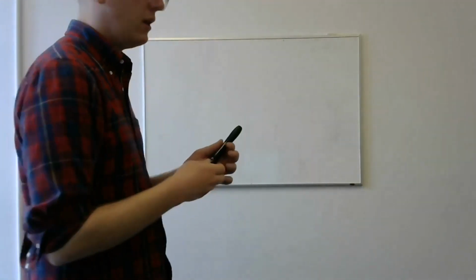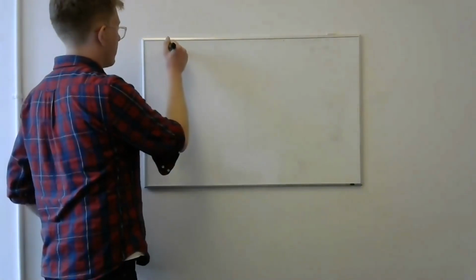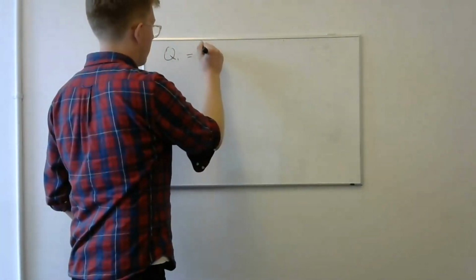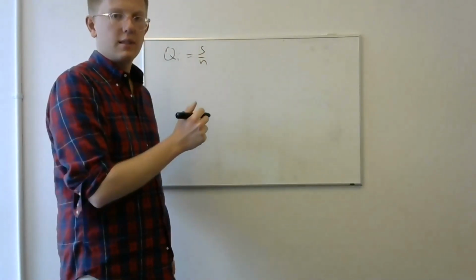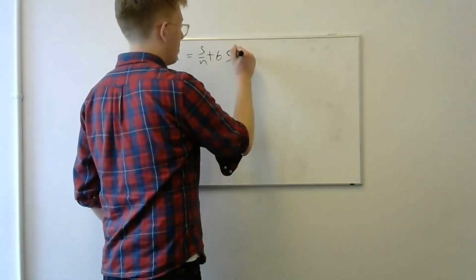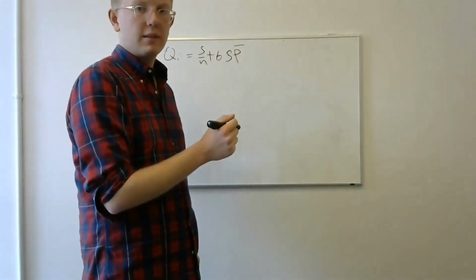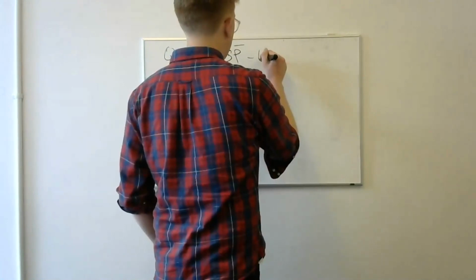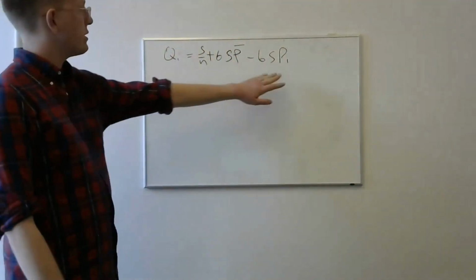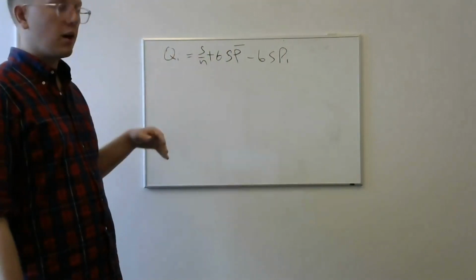So let's start off. We have Qi is equal to S over N plus BSP bar minus BSPi, okay? And we want price as a function of quantity rather than the other way around.